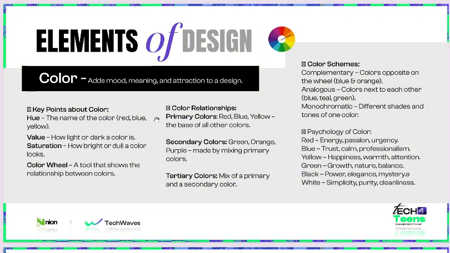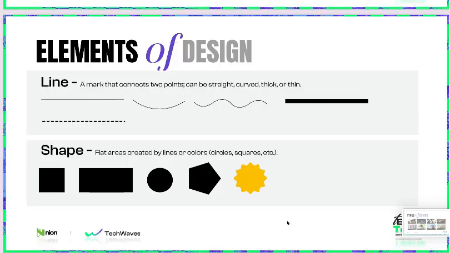Now let's go right into it. Line. I'm sure you all know what line is, but for documentation purposes, let's go through it again. So line is a mark that connects two points. It can be straight, it can be curved, thick or thin. Examples are the types of lines shown here.